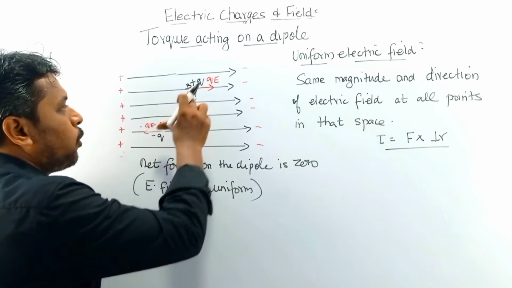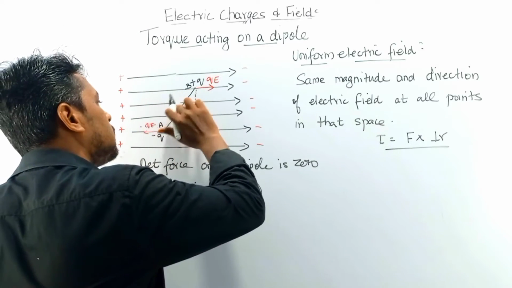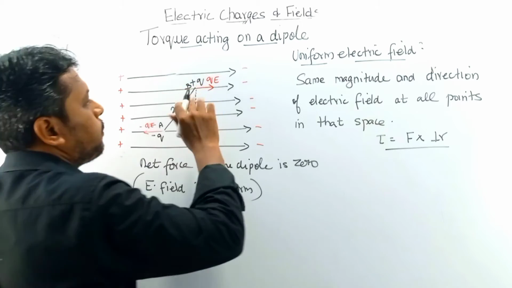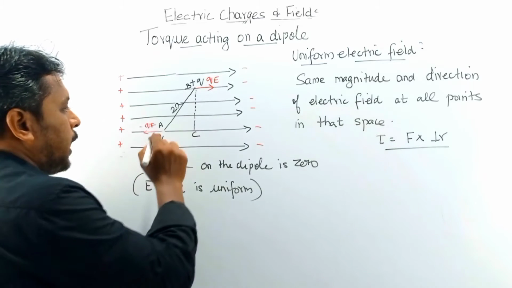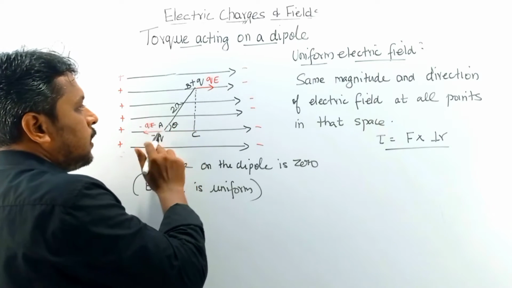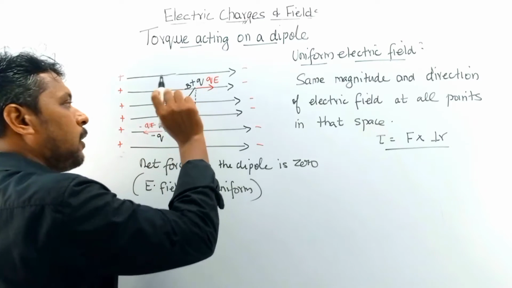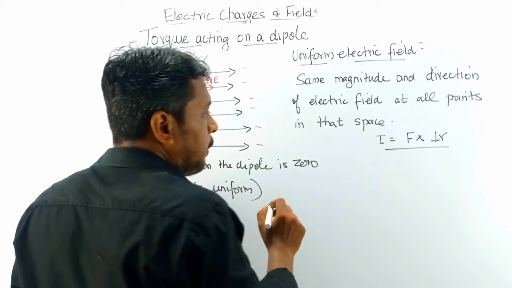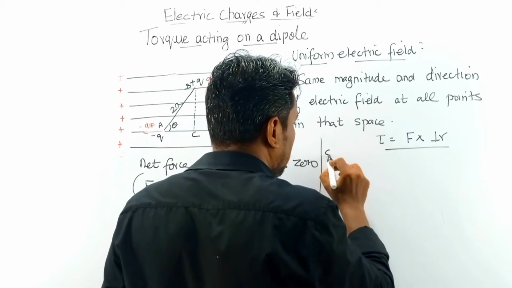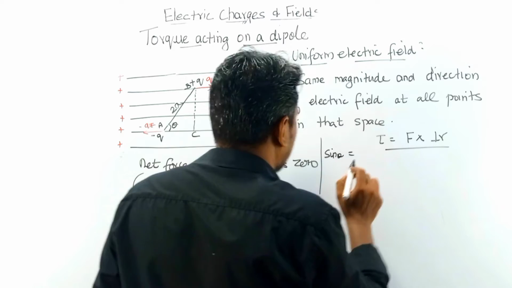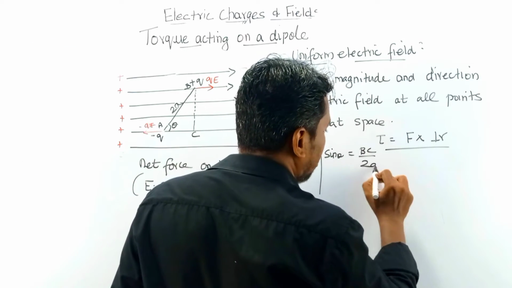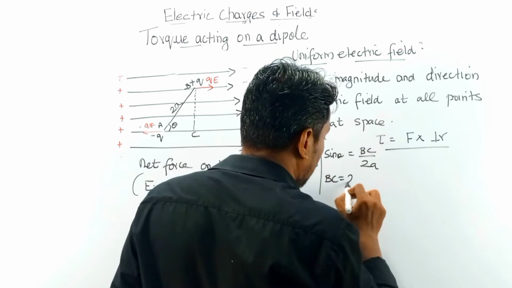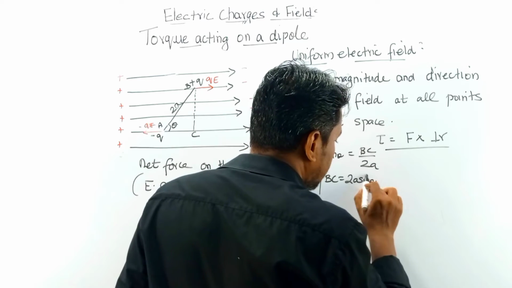Let us take the dipole distance as 2a. To find BC, let us take this angle as theta. Now we apply sine theta: sine theta is given by BC by 2a, so BC is equal to 2a sine theta.